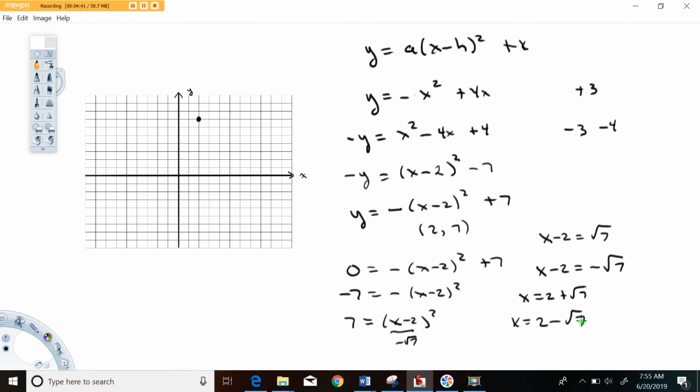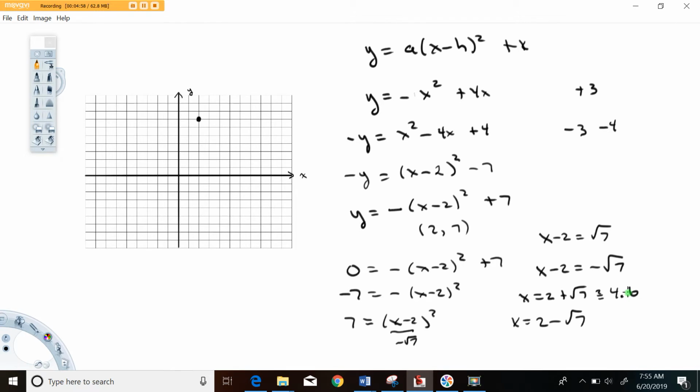If you don't mind, I'm just going to get decimals for these values. If you just give me a moment here. So this one right here is approximately, I'm getting 2.65 for that, so this is approximately 4.6.